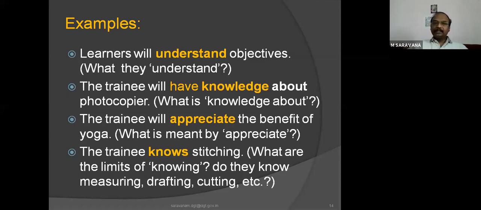So when writing the statement, we should not write "the trainee will have the knowledge." This trainee has knowledge and they have knowledge; like that, we cannot tell what knowledge they have gained, whether it is zooming in or out, keeping the papers inside, opening the equipment, changing the cartridge.